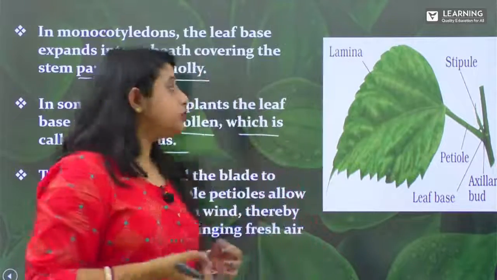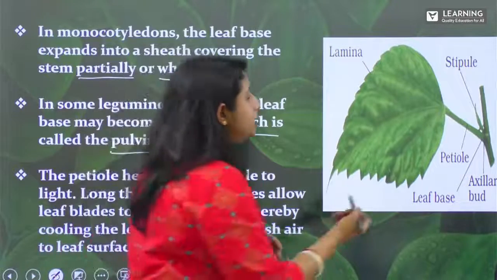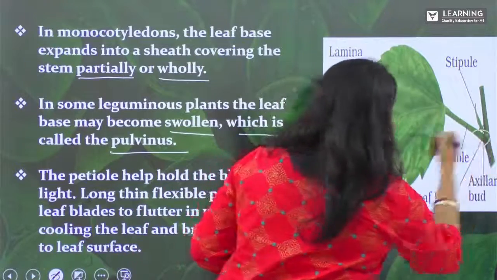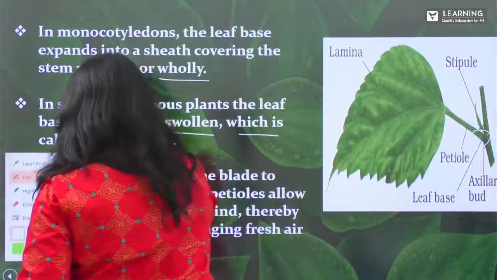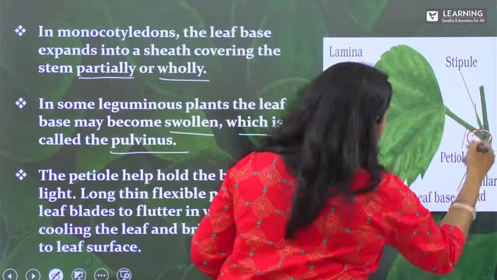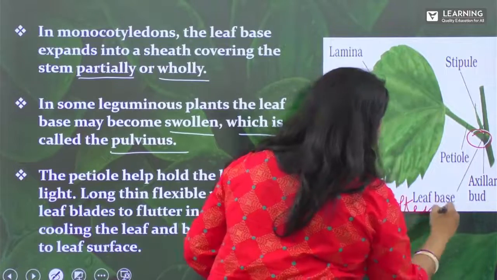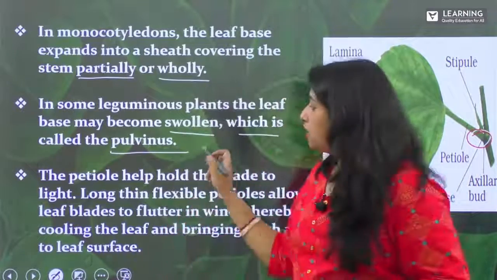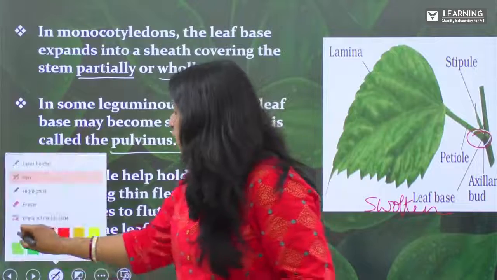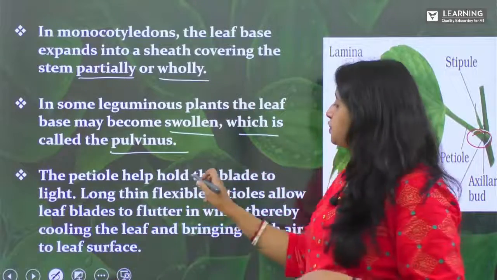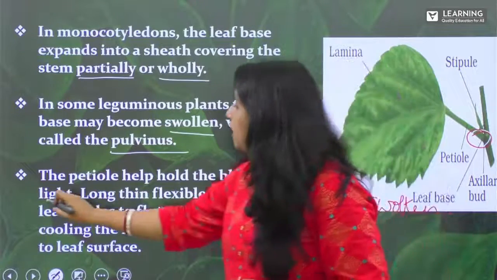So in some leguminous plants, the leaf base becomes swollen, and we call it the pulvinus.